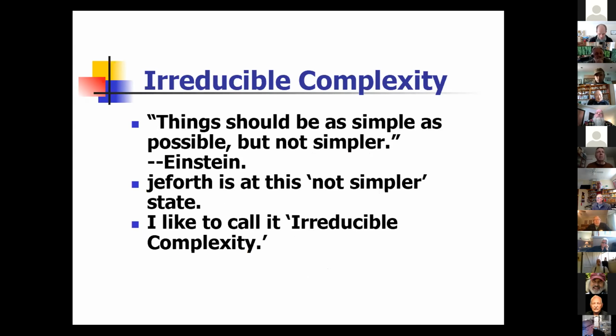As Einstein said, things should be as simple as possible, but not simpler. And I think jeforth is at this not-simpler state. I would like to call it irreducible complexity. This is where we can reduce forth to its bare minimum.